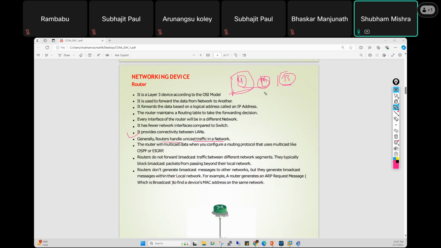But for this, you need to configure a routing protocol that supports the multicast, for example, OSPF, EIGRP. These are the routing protocols, and these routing protocols support the multicast address. Getting my point, everyone?